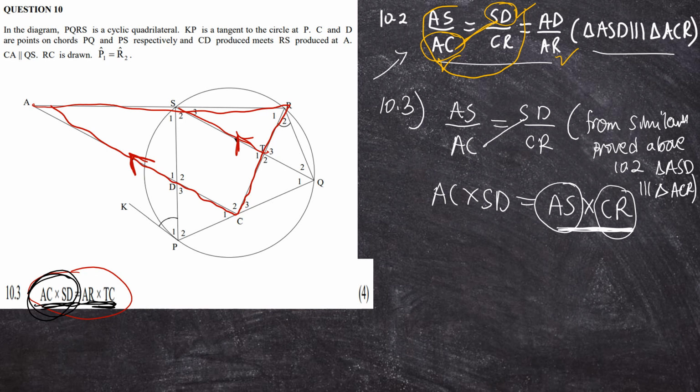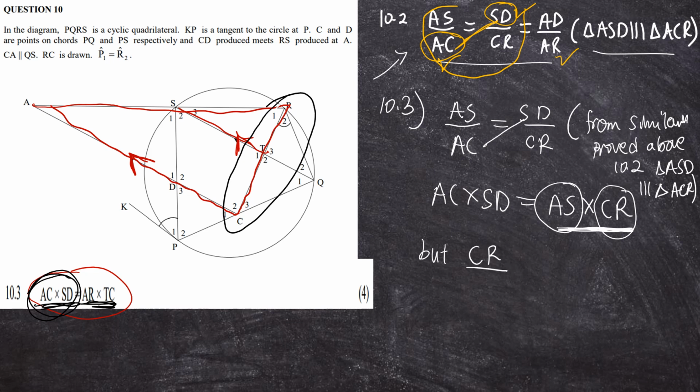CR is actually this bigger side here, right? So we can start with saying, but CR over which side are we also interested in? We can go and check TR, right? Let's see.